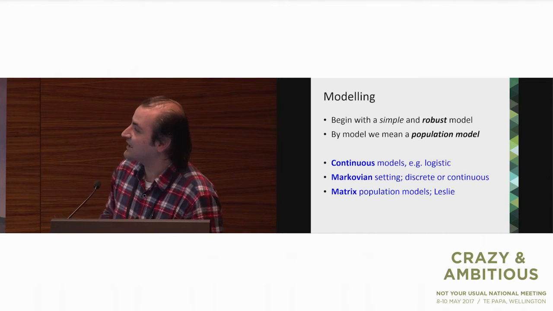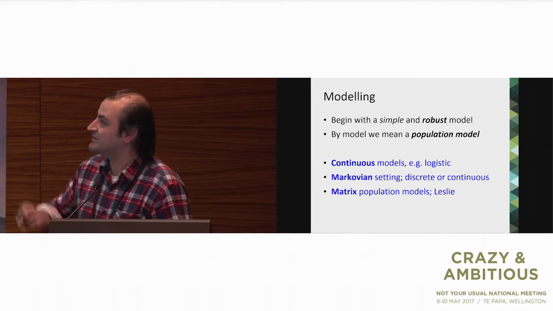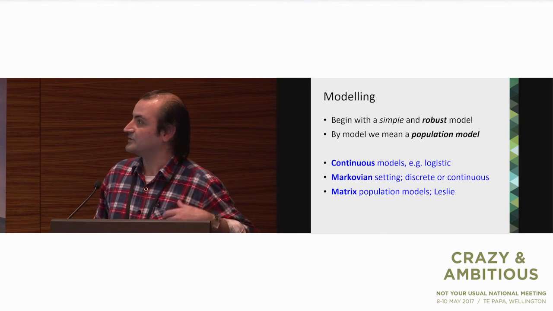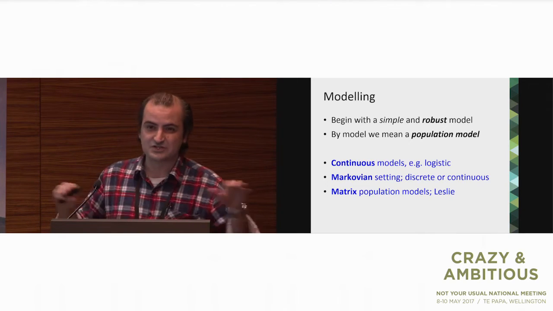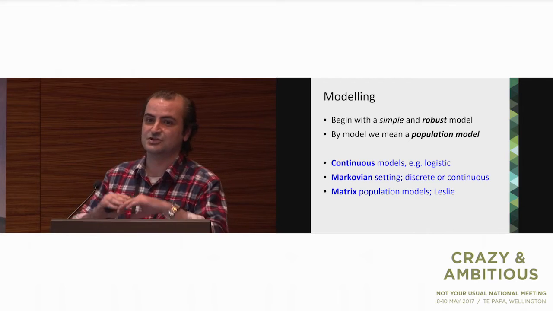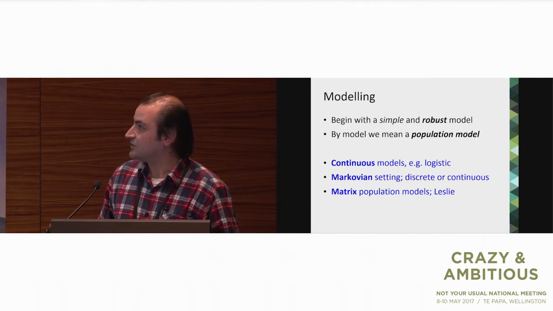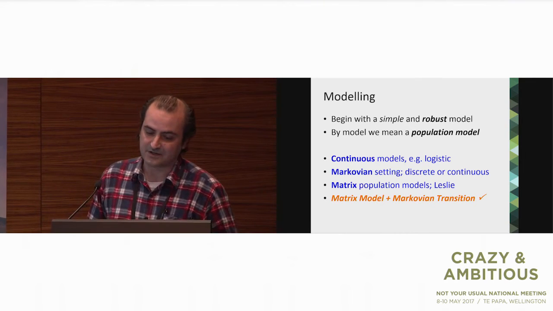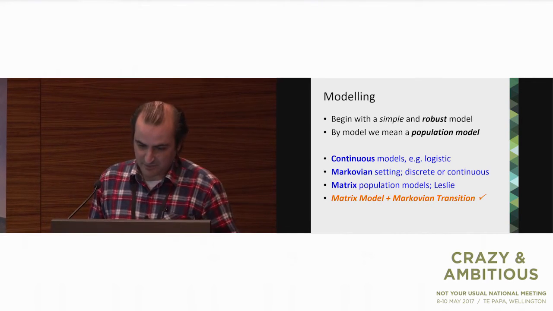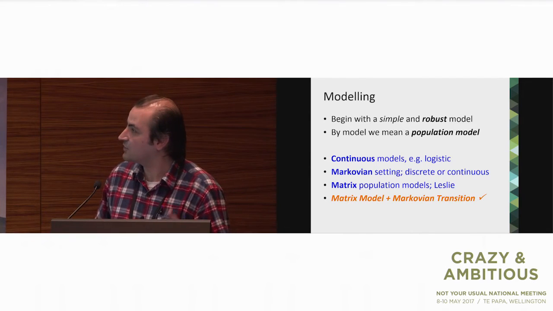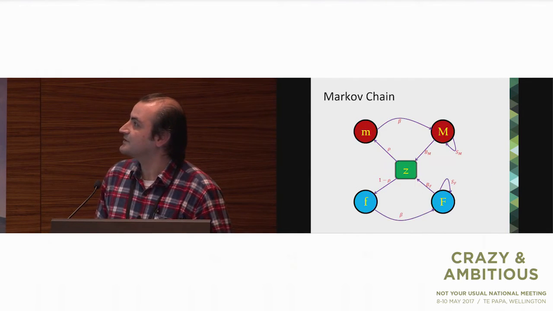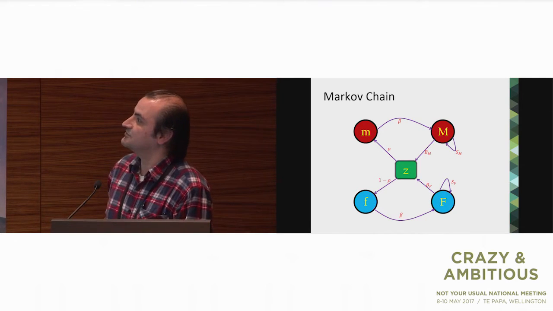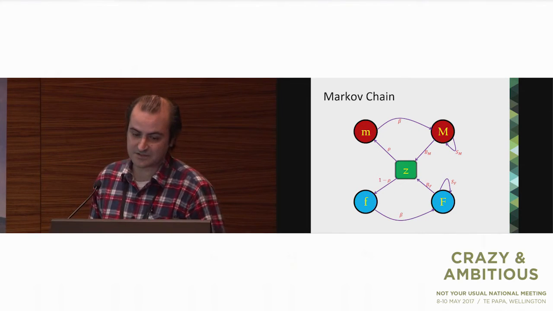Or there is the matrix population model, the Leslie matrix, which ecologists and demographers work with a lot, where the population is structured by gender or age. So we thought to mash these together: a matrix-based population model with a Markovian transition rule. This is quite an old population model using matrices.